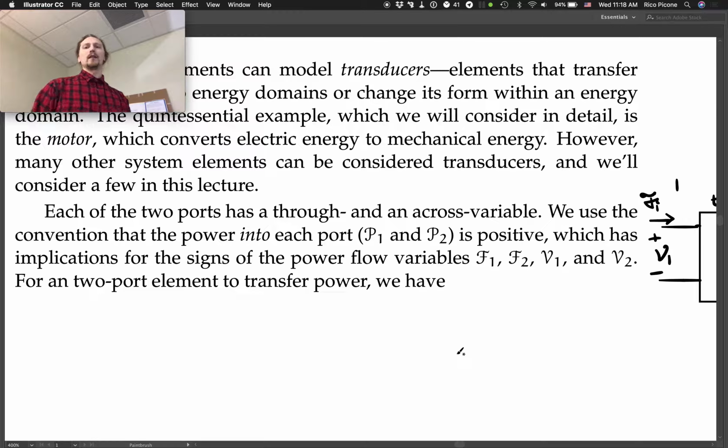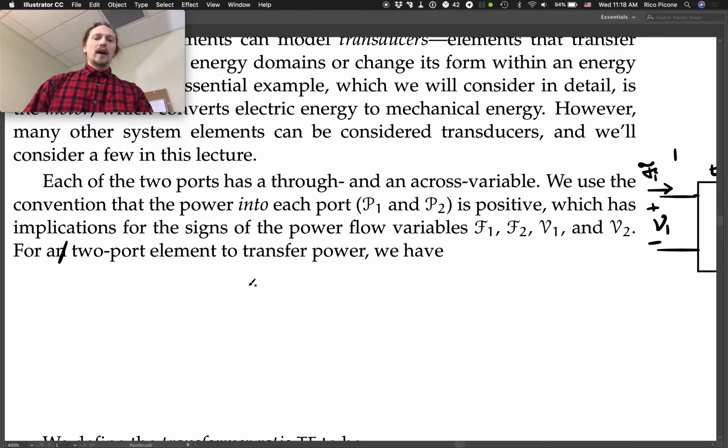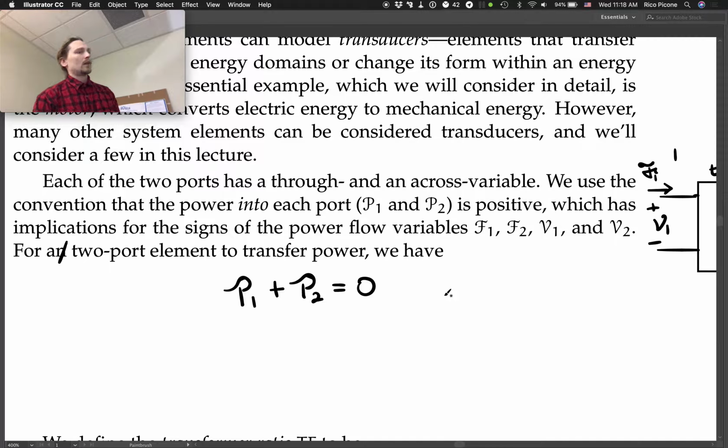which has implications for the signs of the power flow variables F1, V1, F2, and V2. For a 2-port element to transfer power, we have to have the power into each port summing to 0, right? And we know that power is the product of the power flow variables, right?